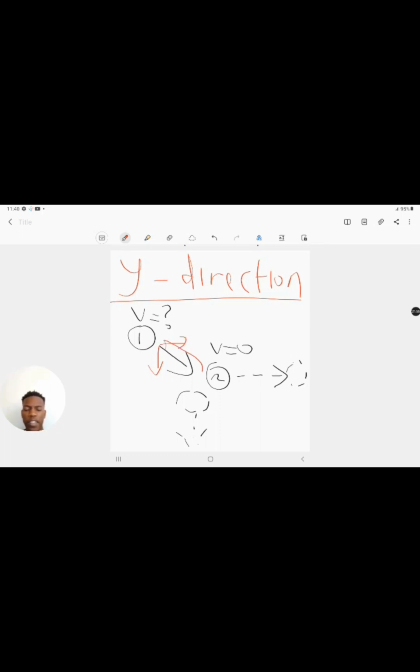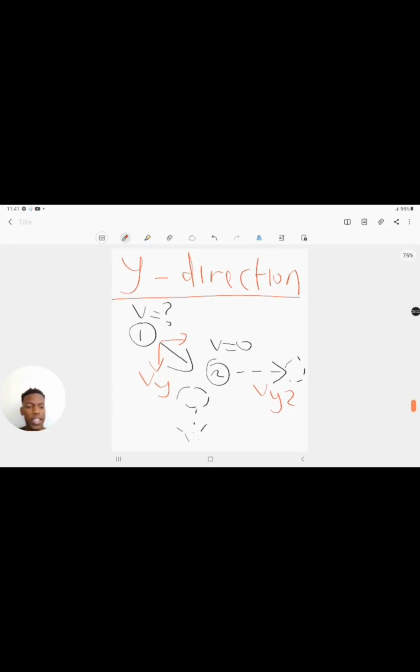So we take this black direction and find its component in the vertical direction, the y direction, because we want to look at the y direction right now. We also want to look at the vertical direction of this second ball. When you look at these two situations, what do you notice?